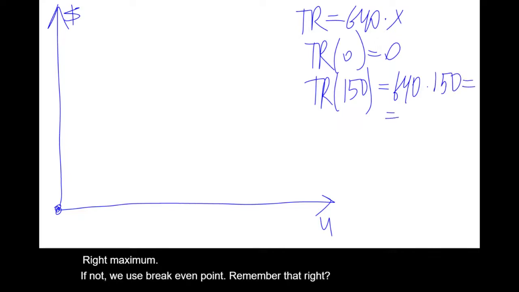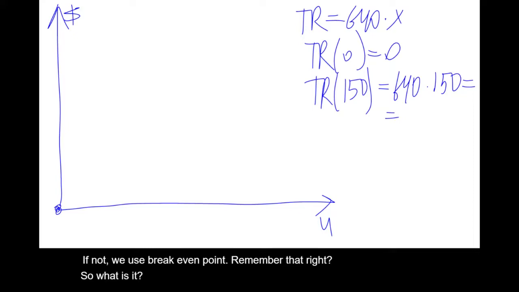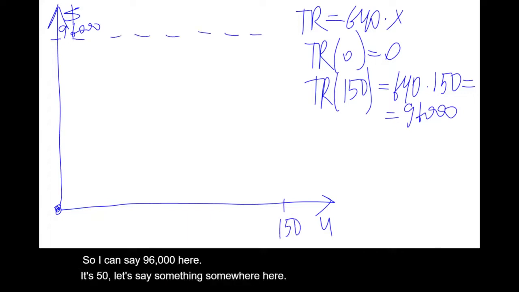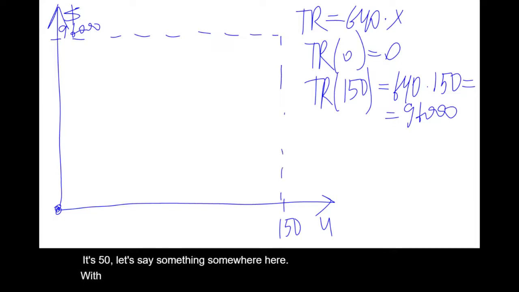So what is it? 640 times 150. That's 96,000. So I can say 96,000 here. 150, let's say somewhere here. We draw verticals and have a second point.